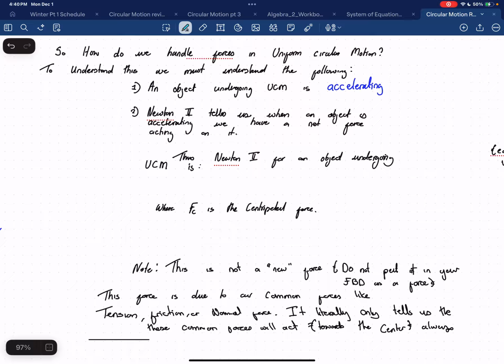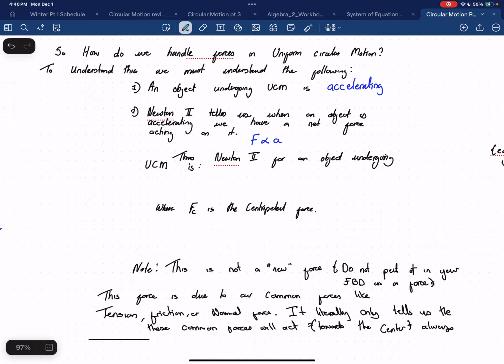Newton 2 tells us when an object is accelerating, we have a net force acting on it. Do you remember earlier in the course I told you that force is proportional to acceleration? So if we're accelerating, then we definitely have a force acting on us.